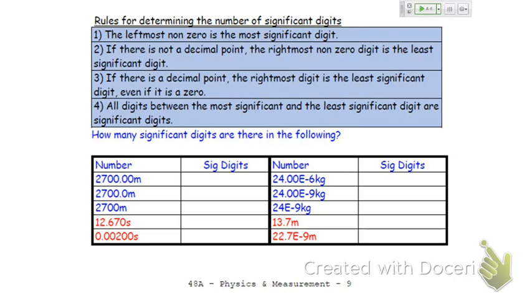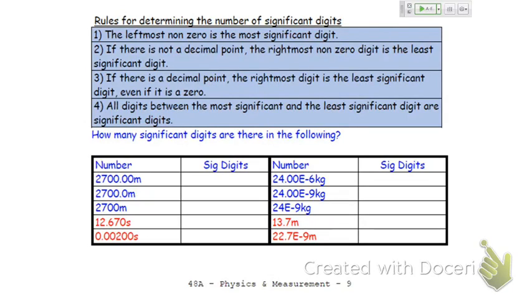You count all the digits in between them. So this is the most, that's the least. 1, 2, 3, 4, 5, 6. 6 significant digits. Most, least, 6 in all. If there's not a decimal place, the right-handmost non-zero digit counts.